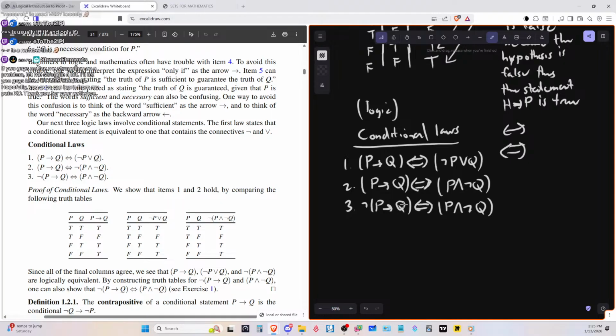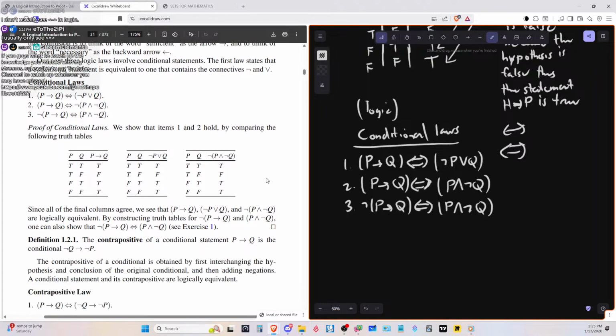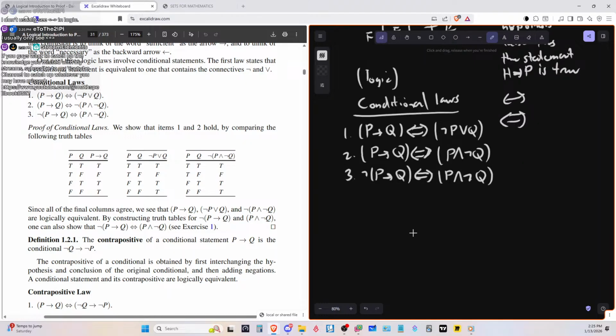P does not imply Q if and only if P and not Q. Okay, so both of these result in the same thing. You usually don't see that in logic. Okay, I see. Maybe I'm getting my symbols mixed up. Maybe I was looking at this symbol instead of this, and I was mistaking this for this. It's possible.